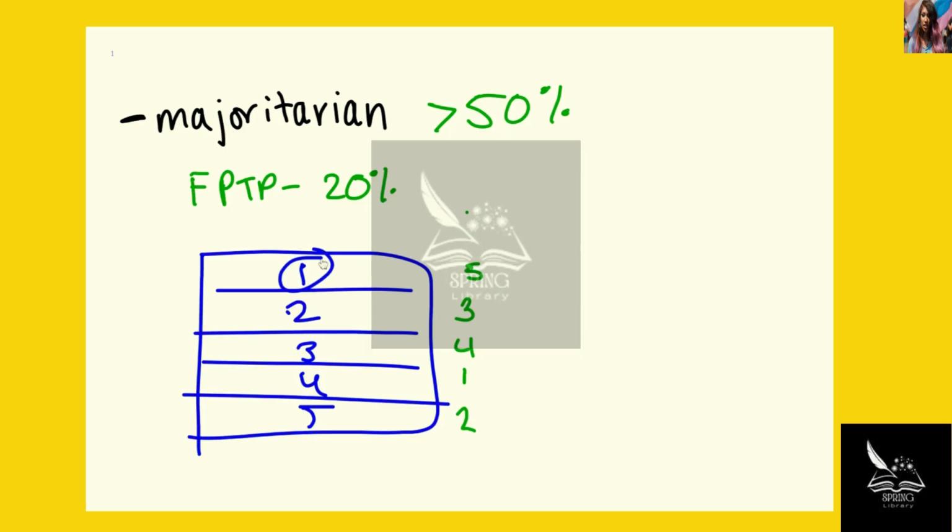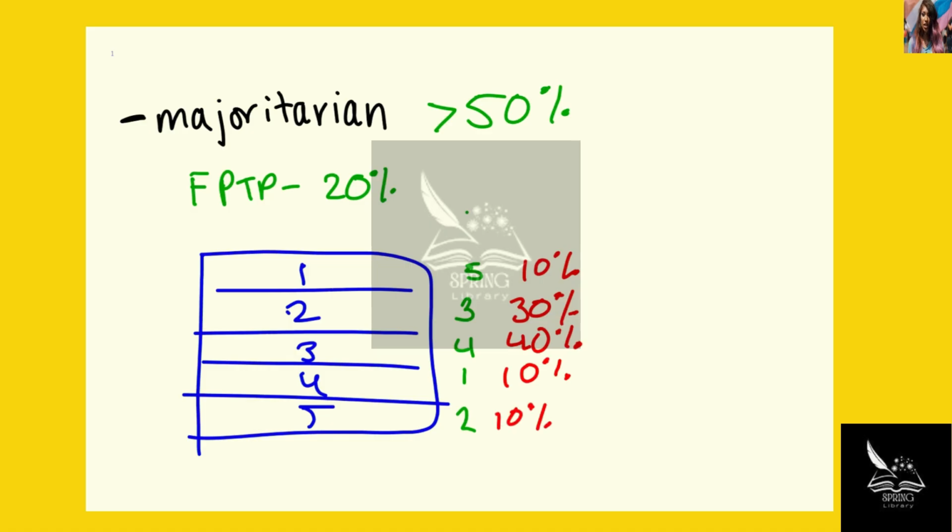The first option here has 10% of the vote, the second option has 30% of the vote, the third option has 40% of the vote, the fourth option has 10% of the vote, and the fifth option has 10% of the vote.